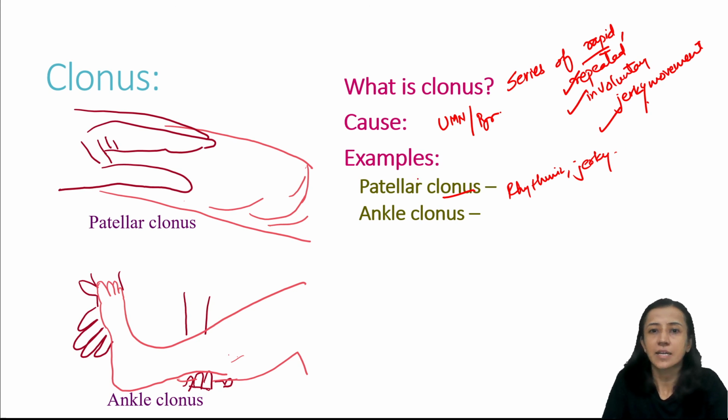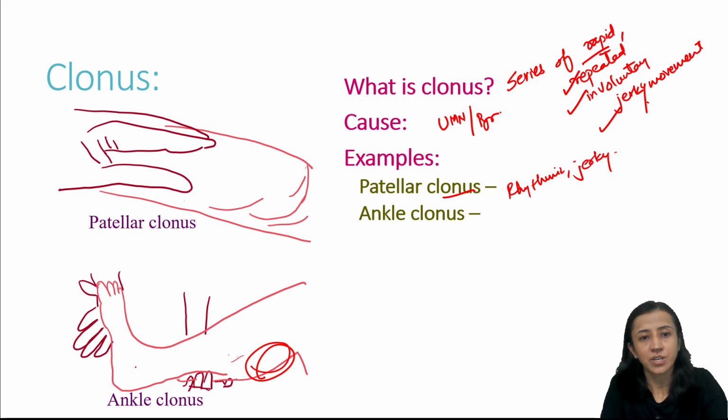So that is patellar clonus. And then ankle clonus. Here again rapid, repeated, rhythmic contractions are present in the calf muscle when the person tries to initiate an ankle jerk or just dorsiflexes the foot. There are rapid, repeated, rhythmic, involuntary movements in the calf muscle, that is ankle clonus.